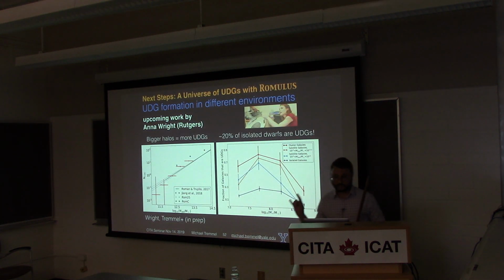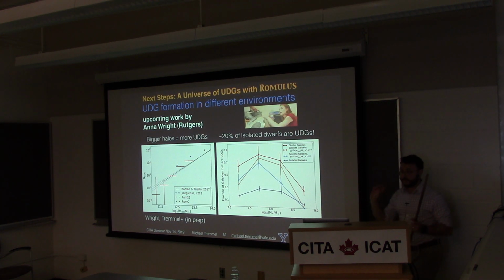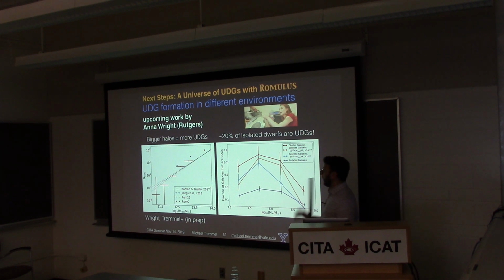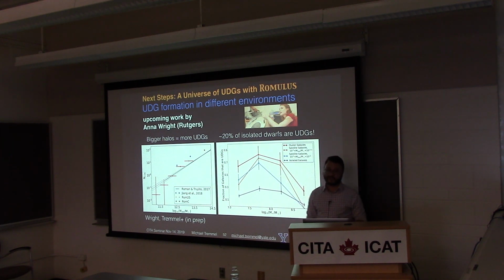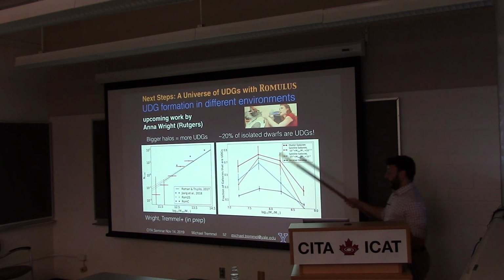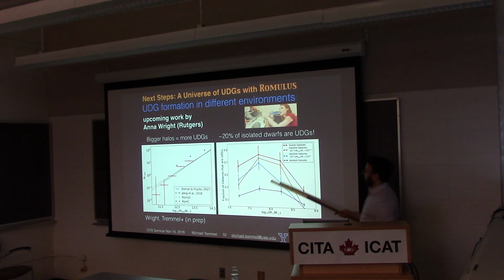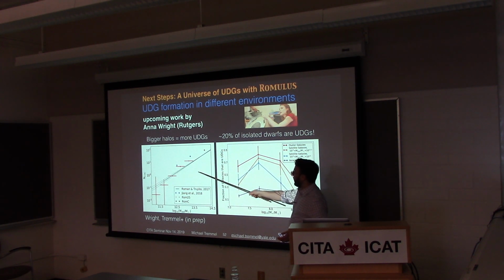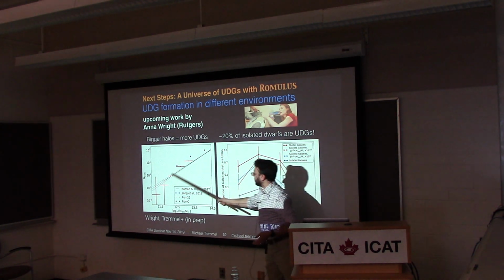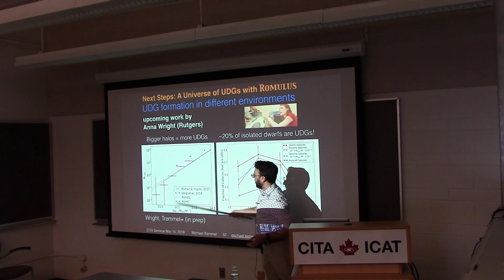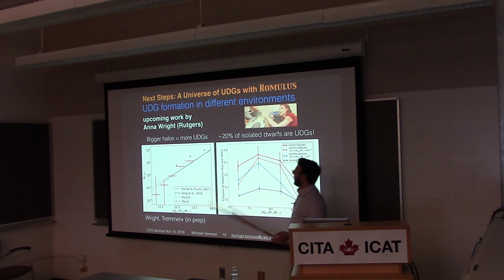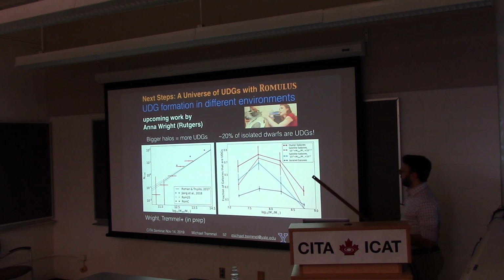Now, I want to point out that we are looking at ultra-diffuse galaxies in different environments, and this is work being led by Anna Wright, who, as I mentioned before, is on the job market, and who's awesome. She's been looking at ultra-diffuse galaxies in the Romulus 25 simulation as well. We find this nice relationship between halo mass and the number of ultra-diffuse galaxies that qualitatively matches the observed relationship.